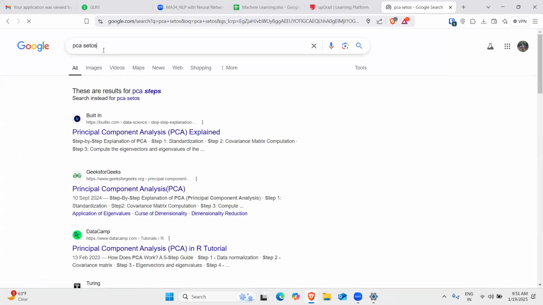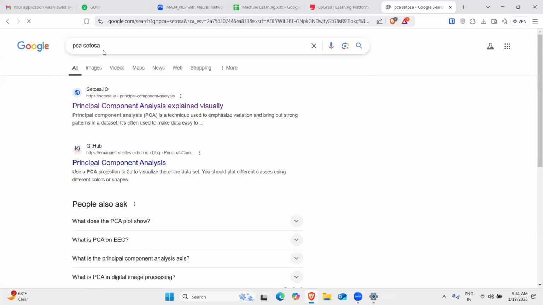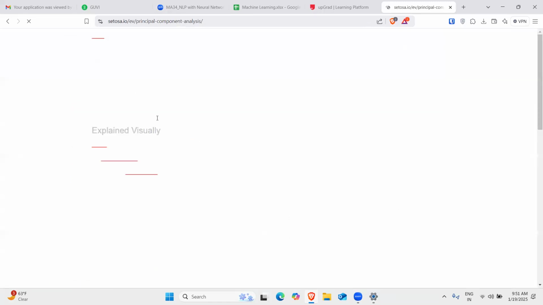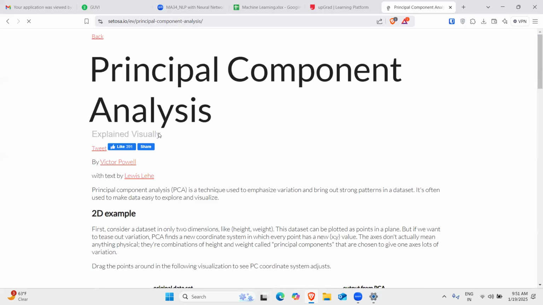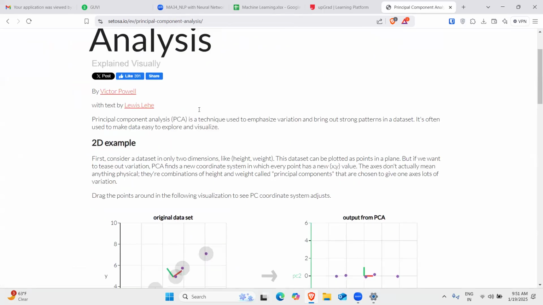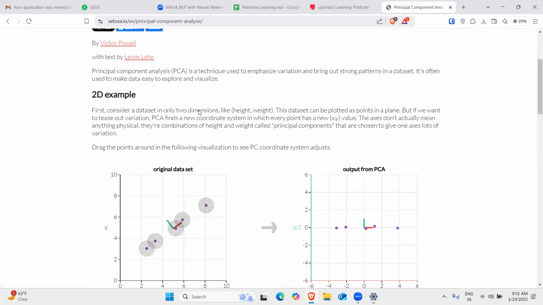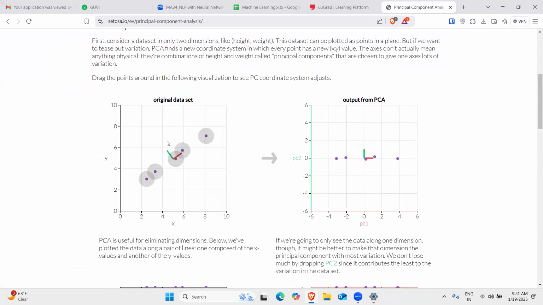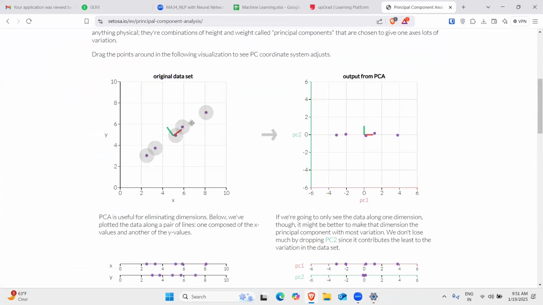There is one more thing known as setosa.io, where you can see the visualization part of PCA. So this is the original data set. What you have done is you have converted this into the principal components, the maximum variance.